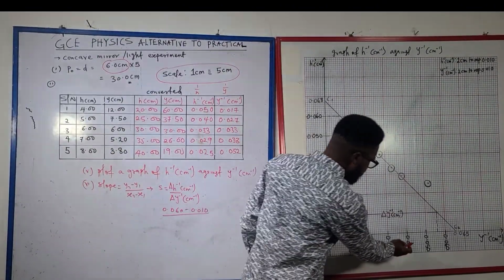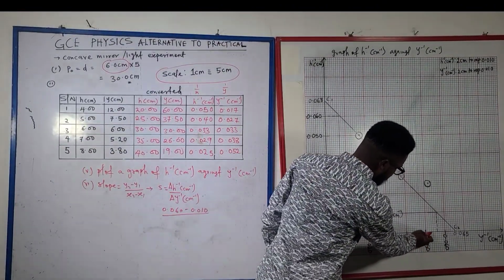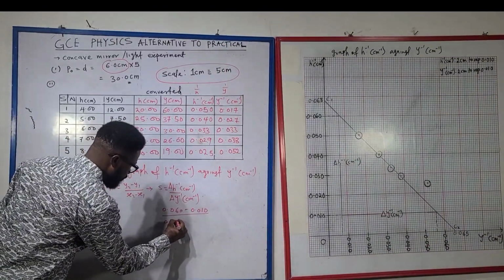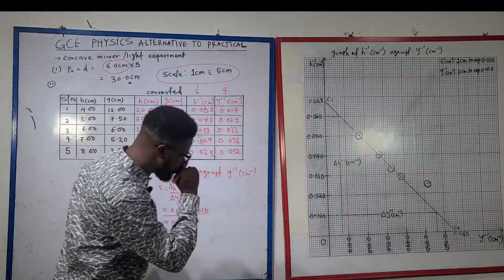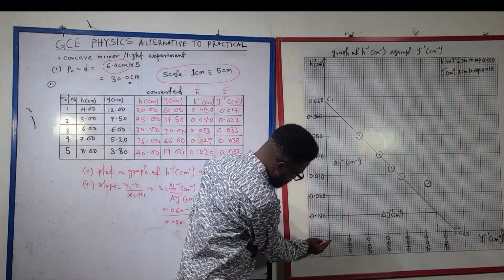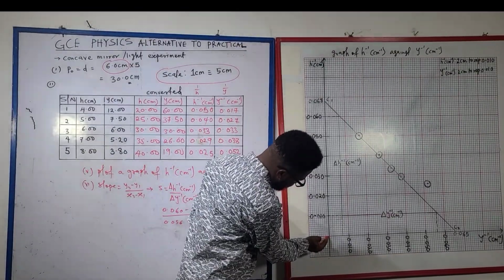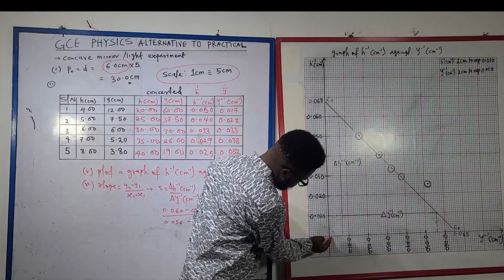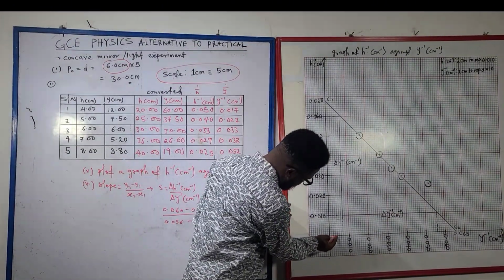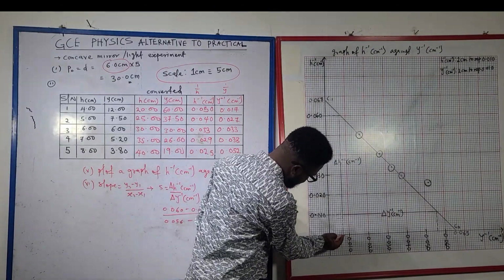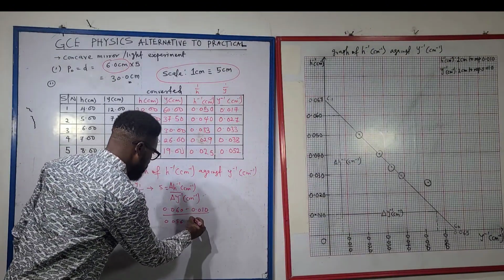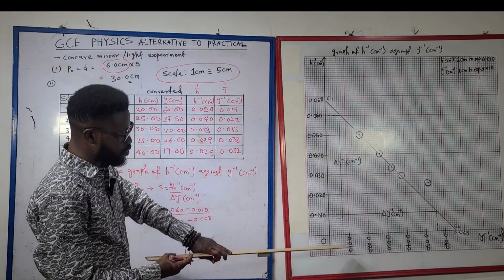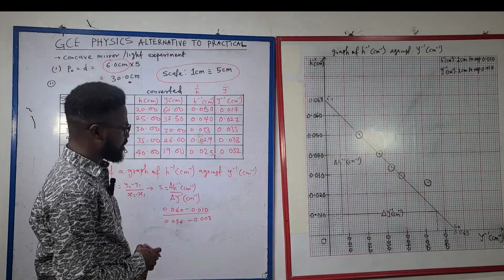this is 0.050, 51, 52, 53, 54, 55, 56, is 0.056, take out 0.001, 0.002, 003, 004, 005, 006, 007, 008. 0.008. That's what you have there, not even up to 0.01.